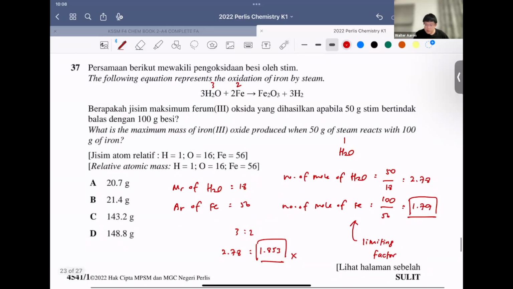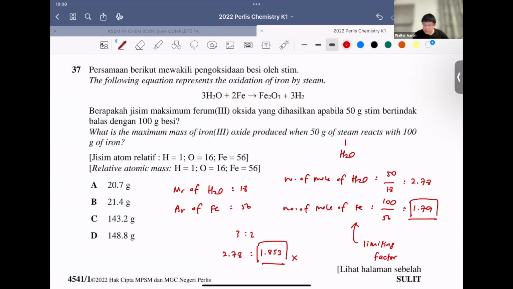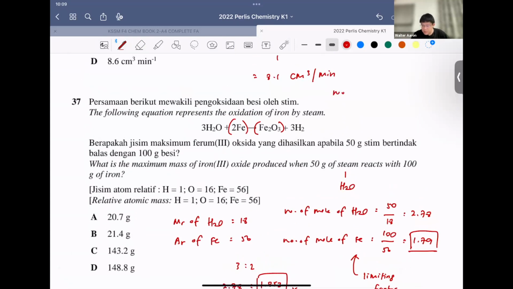So if you see this question alone, right? Iron oxide number of moles is half of Fe. So since we've got 1.79 mole, right? We have to divide by half. Okay. So therefore, we'll say that number of moles of Fe2O3 will be 1.79 times 2.